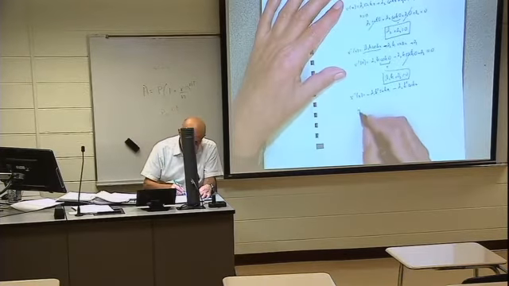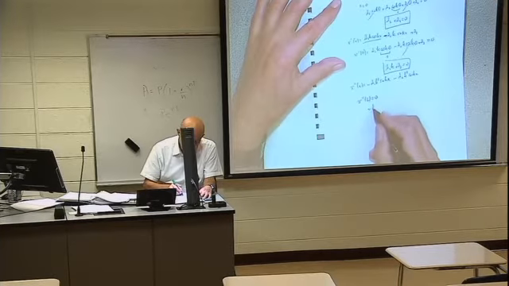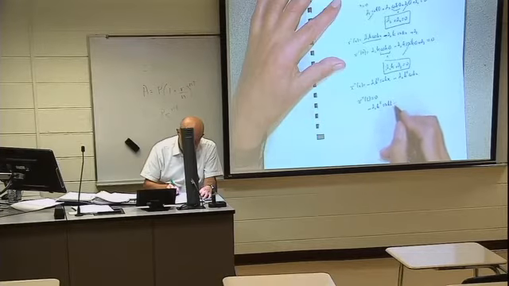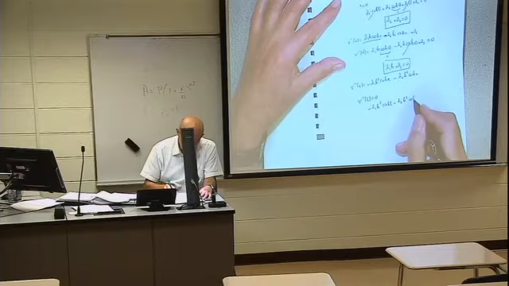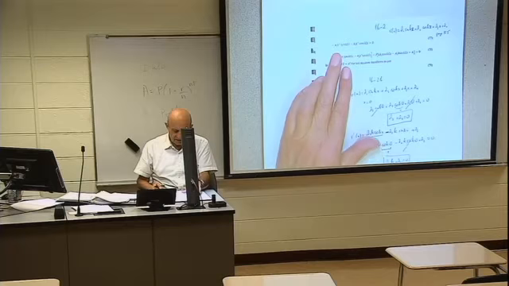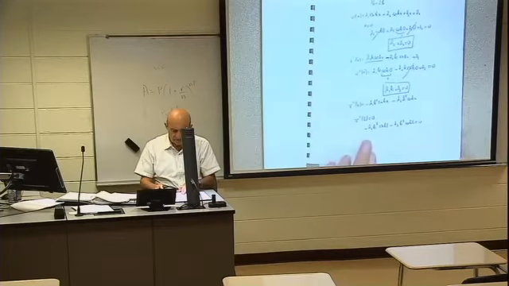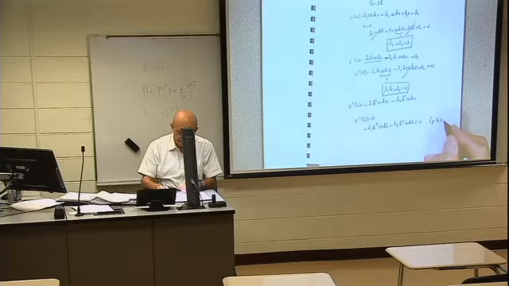So V double prime at L equals 0 means minus A1k squared sine kL minus A2k squared cosine kL equals 0, which is written here. Page 16.2a.